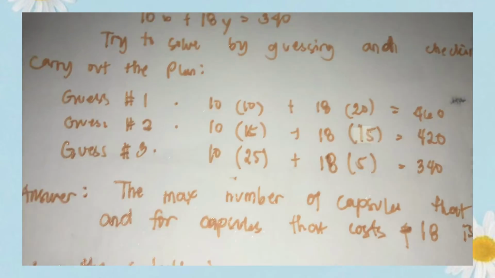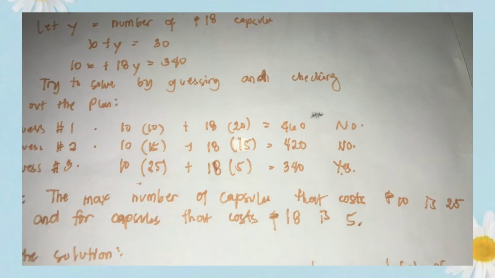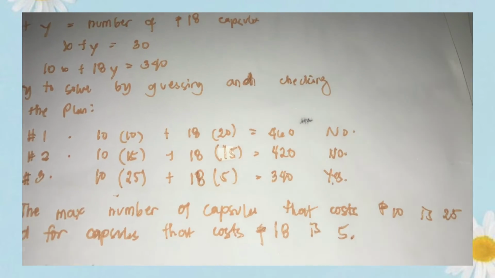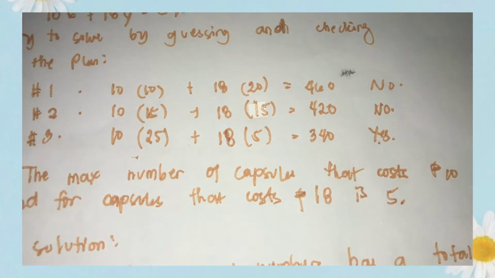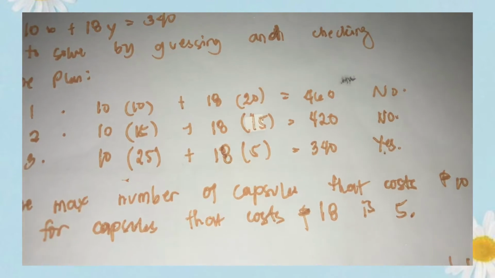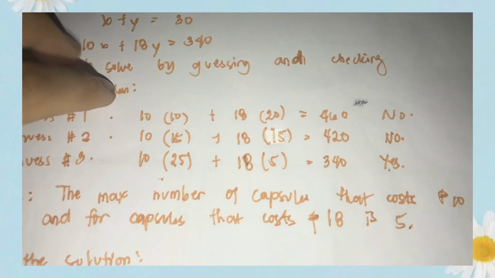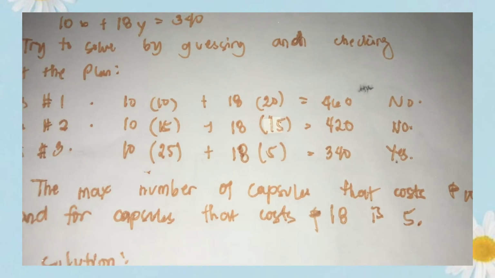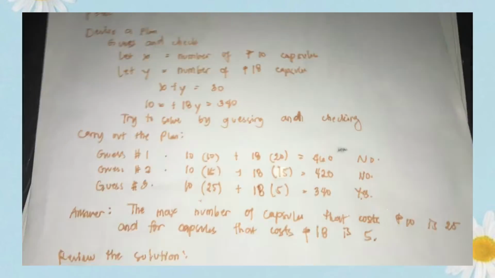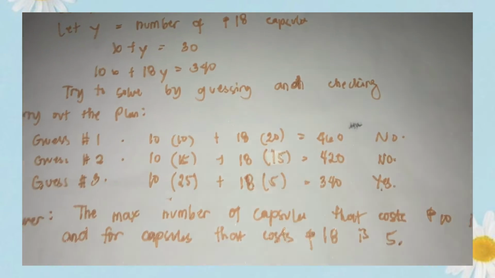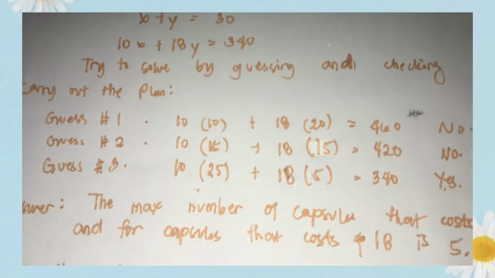Therefore, the maximum number of capsules that cost 10 pesos is 25, and for capsules that cost 18 pesos it is 5. Now, as a concluding part, we need to review our answers to see if we got the correct process.